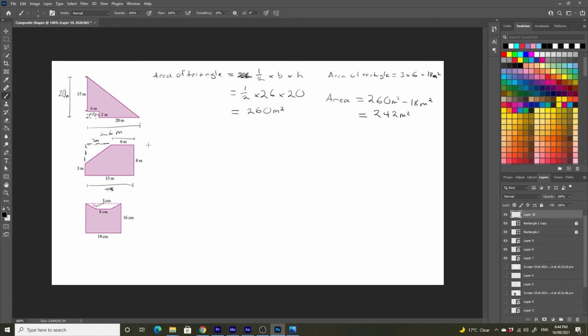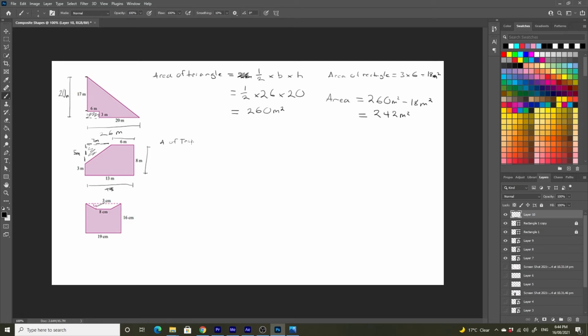And similarly, this distance here in total is 8 meters. But this distance here is 3, so the difference here is going to be 5 meters. So now we have our triangle and we have our rectangle. So we just need to solve for the entirety of this rectangle and then take away the area of this triangle.